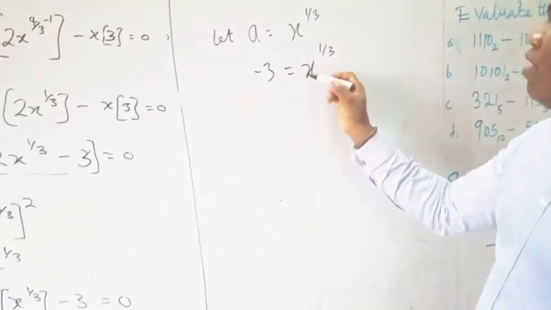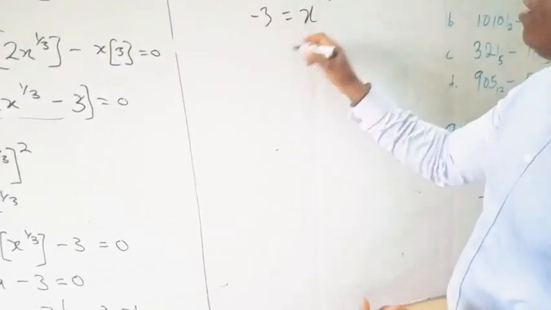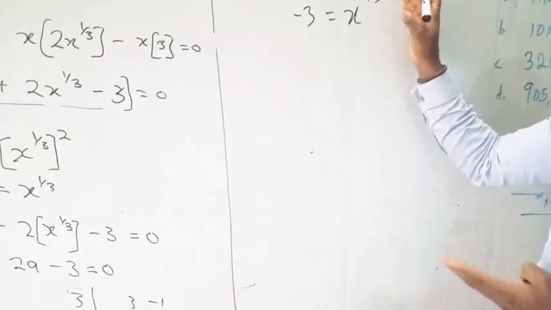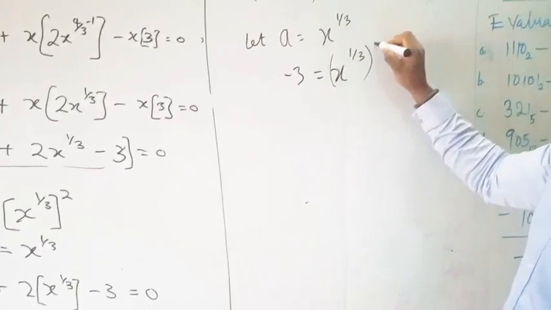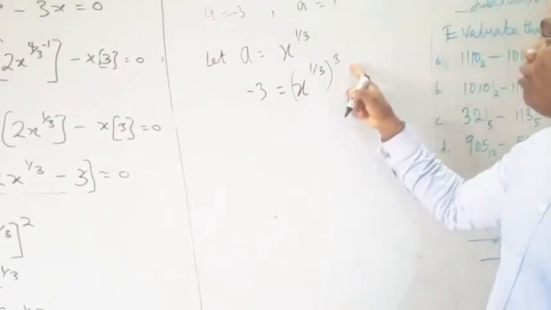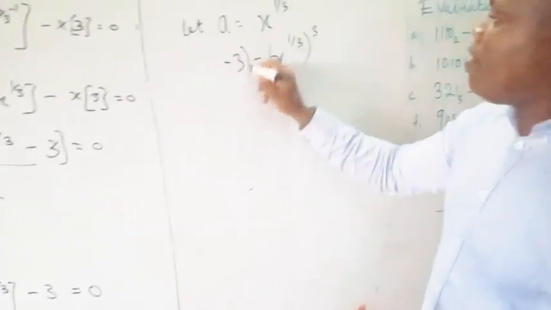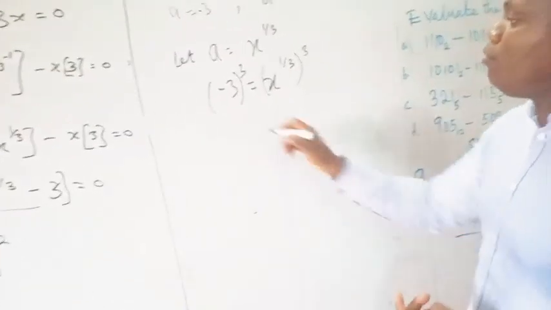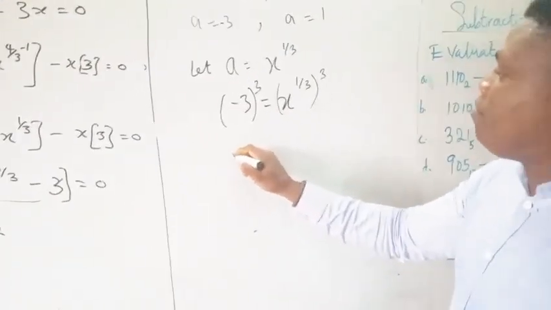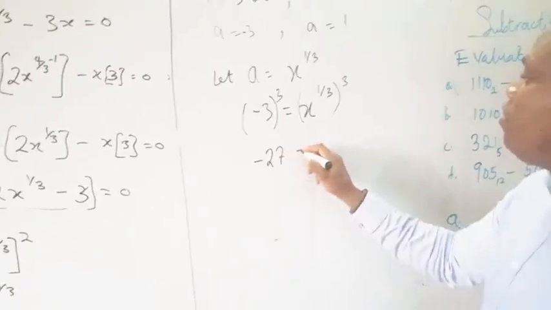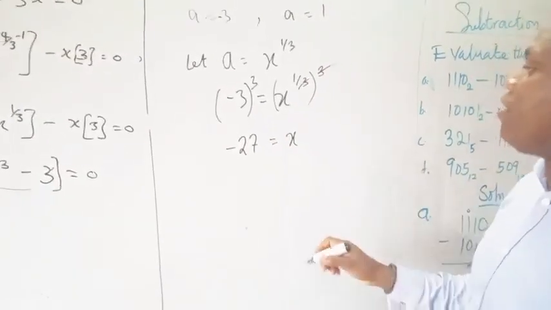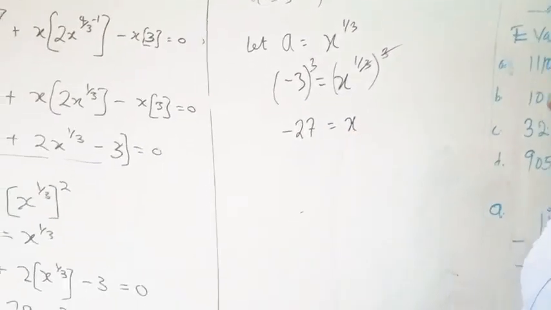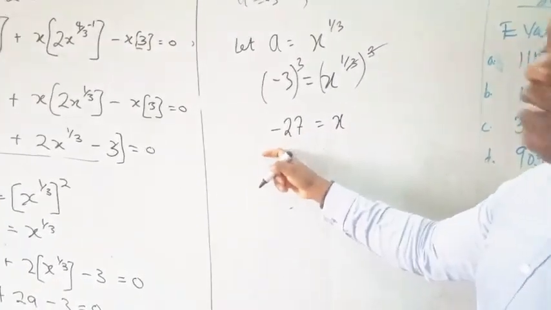If I take the cube root of both sides, I can have this to the cube and this to the cube. So I can have this as minus 27 equals to, you see this 3 can cancel out, I can have my x. So I have my second value of x as minus 27.